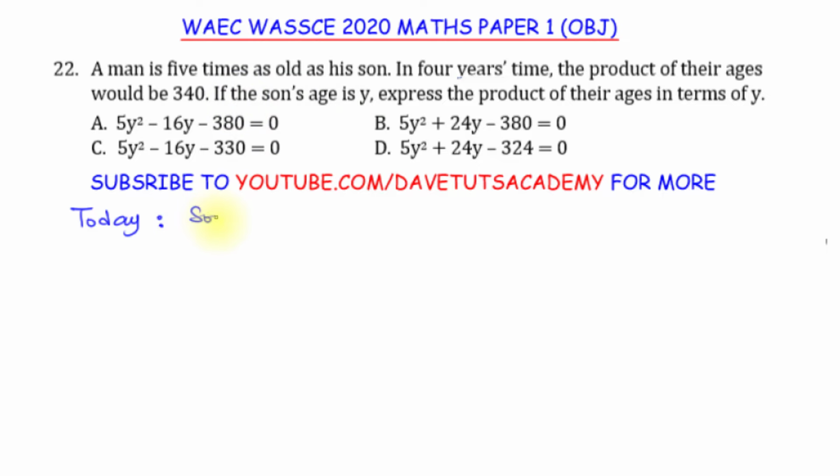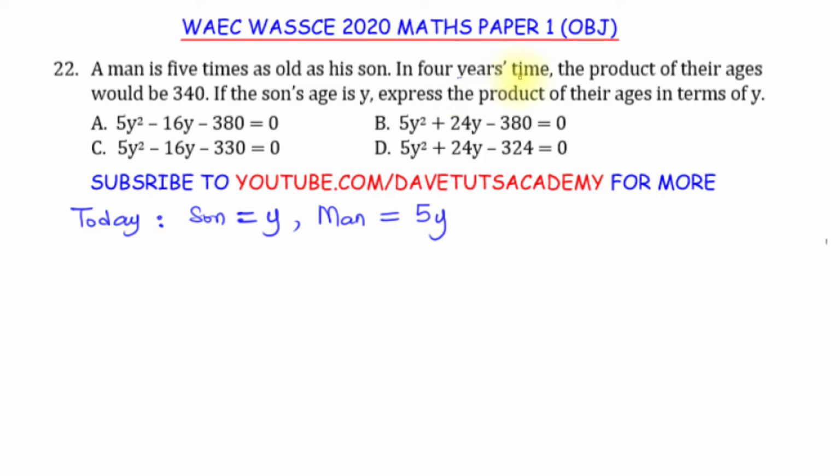So let the son be y. Then we are told that the man is 5 times as old as his son, so the man is 5y. Okay, so we have defined that.